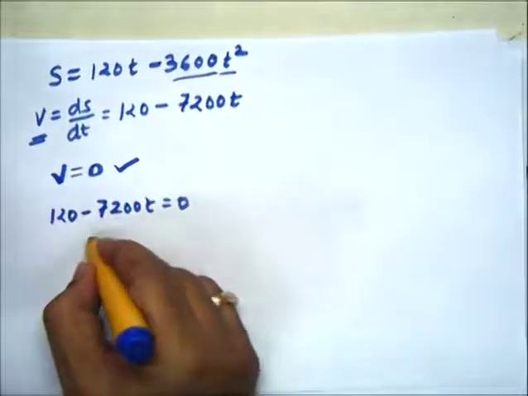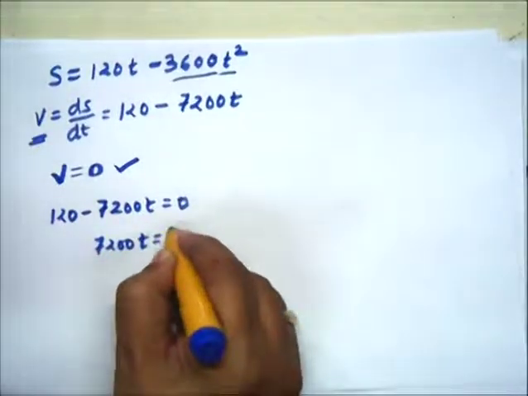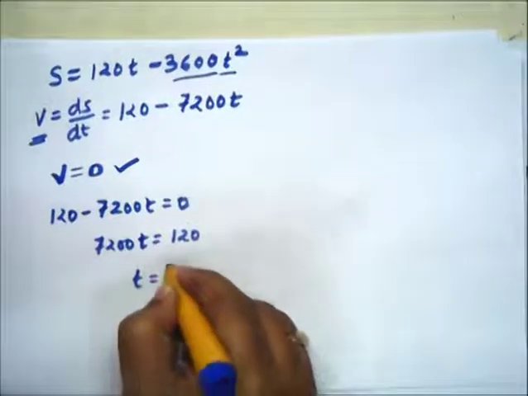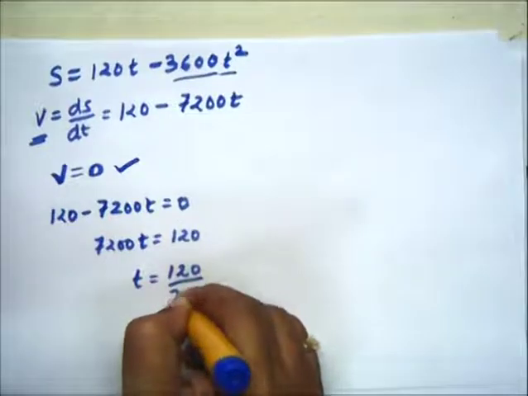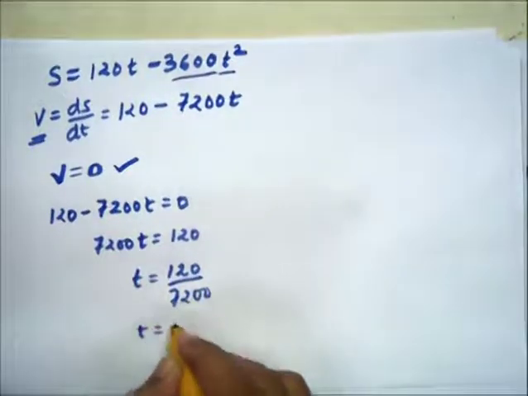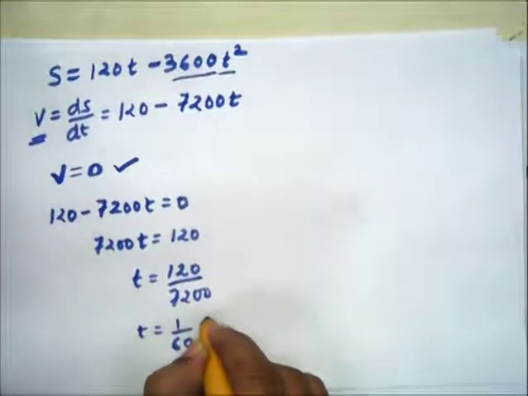It means 7200t is equal to 120. So t is equal to 120 upon 7200, which is 1 by 60 second.